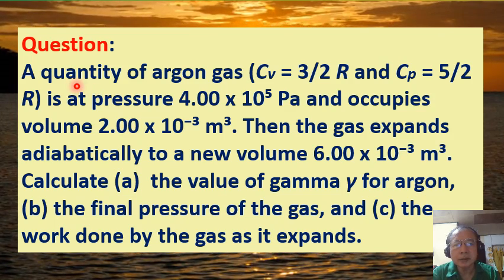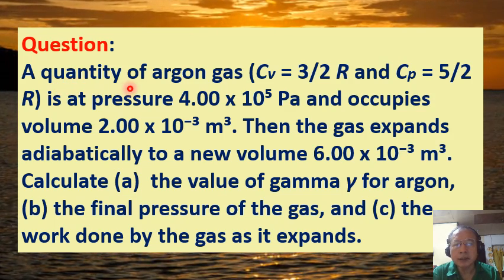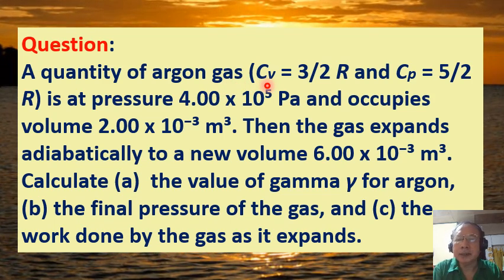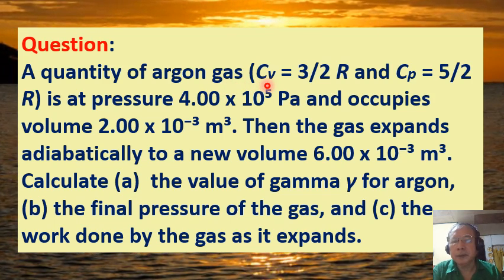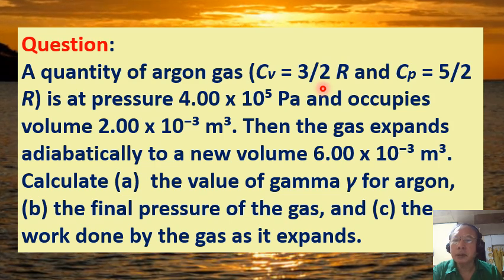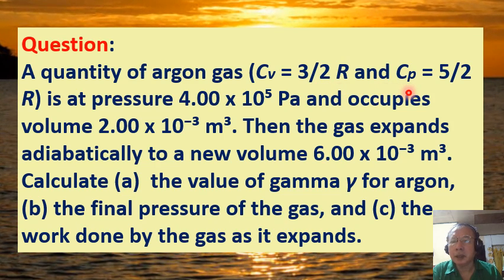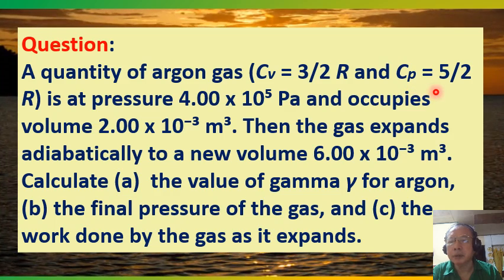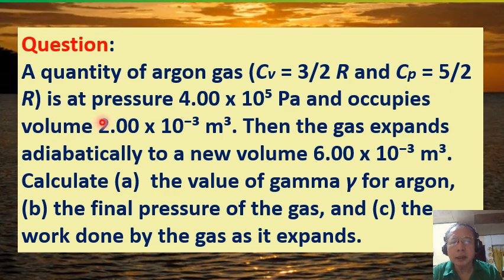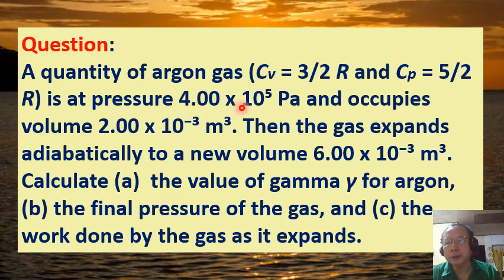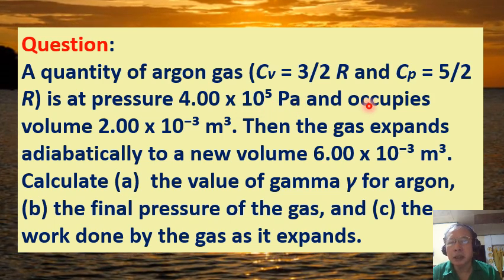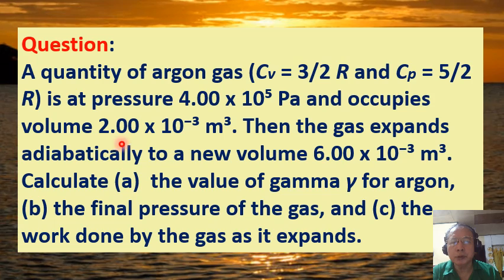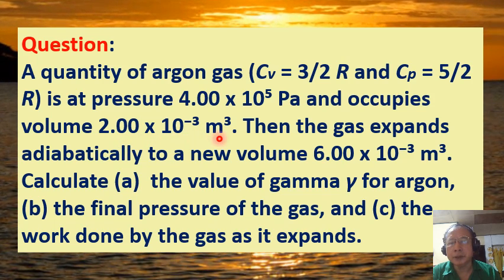The question is, a quantity of argon gas with a molar heat capacity C sub V equal to 3/2 R and a molar heat capacity at constant pressure equal to 5/2 R is at pressure 4.00 times 10 to the fifth power Pascal and occupies volume 2.00 times 10 to the negative 3 meter cube.